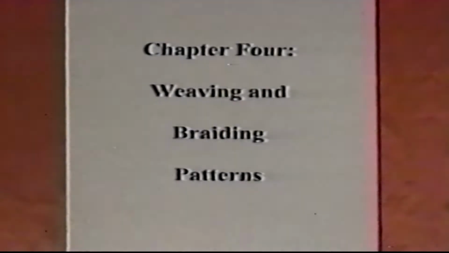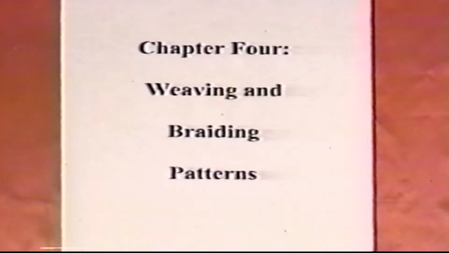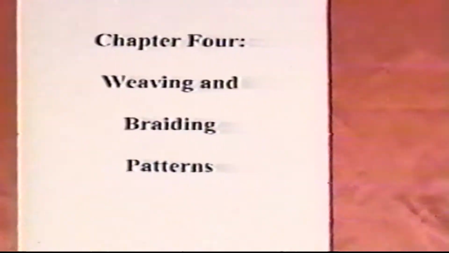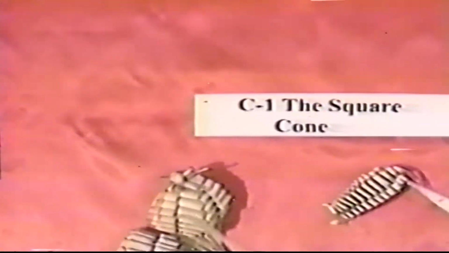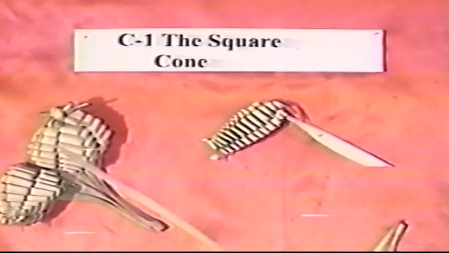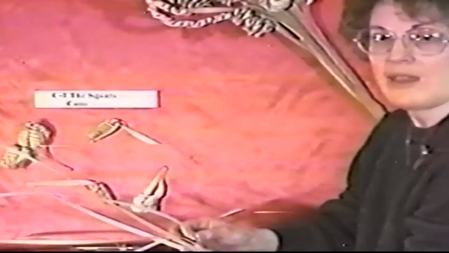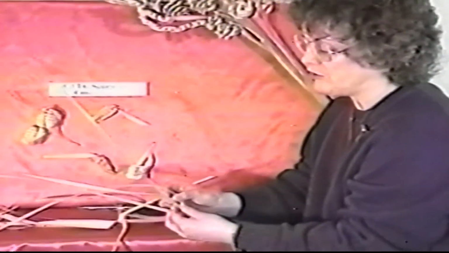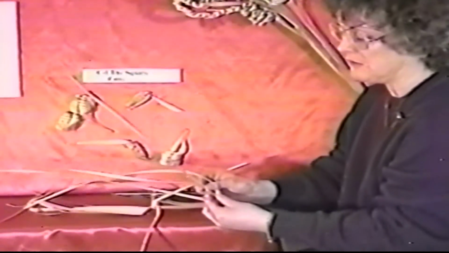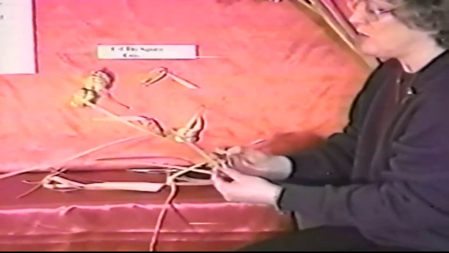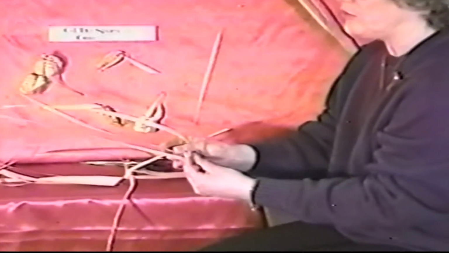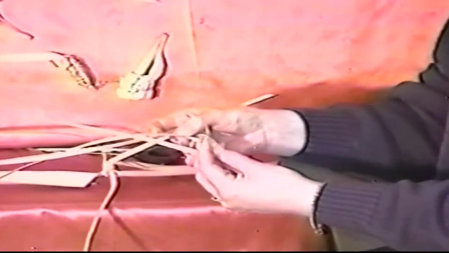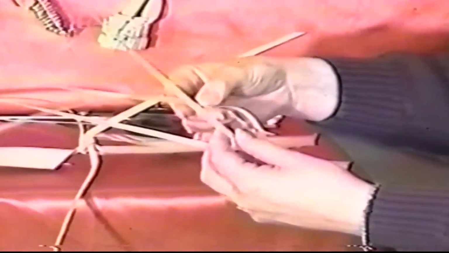Now we're going to begin Chapter 4, Weaving and Braiding Patterns. And to show you the first pattern, the square cone, here is Kathy Dawson. You start with 4 strands, and think of the 4 directions, north, west, south, and east. The first strand will be your north strand, and you bring the west strand over the north strand.